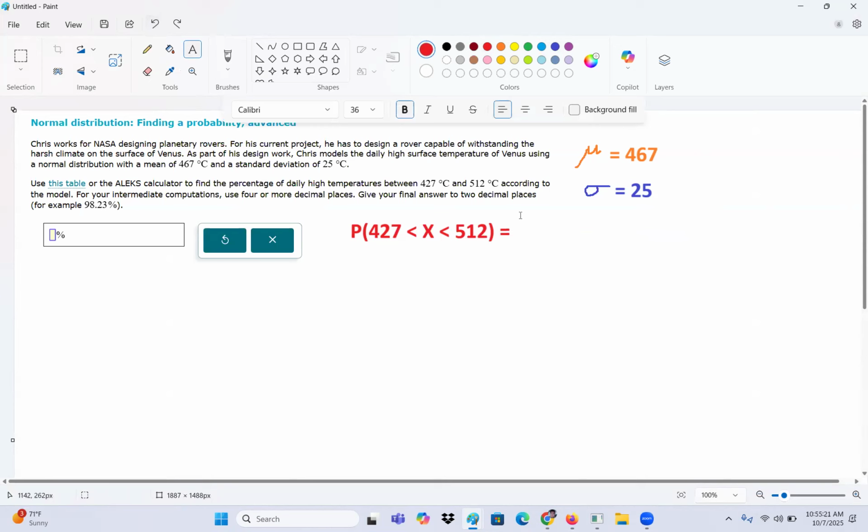So for the between, we take the P of Z less than (512 minus 467) over 25. Just take the bigger and subtract the smaller, divided by 25. And then we subtract the probability of Z less than (427 minus the mean) over 25.